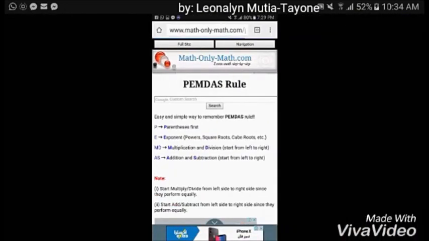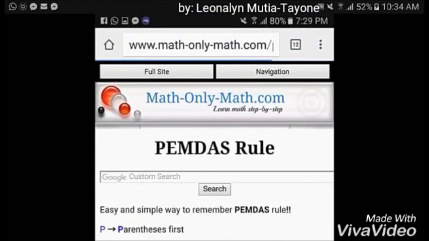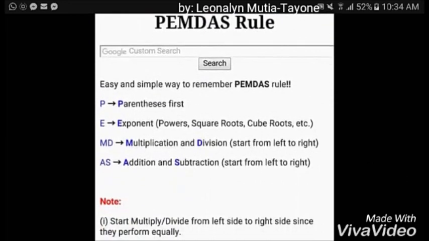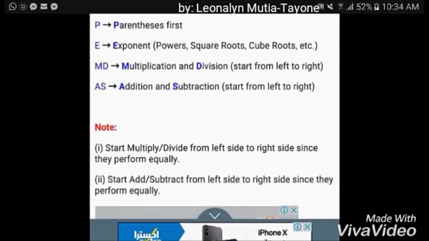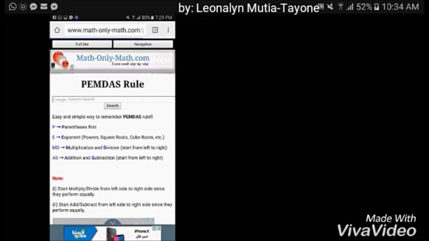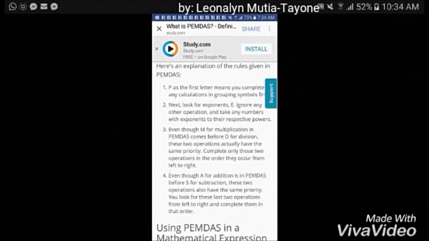This is from math-only-math.com. It also says here, parentheses first, exponent, and then multiplication and division start from left to right, and then addition and subtraction start from left to right. Multiply or divide from left to right, since they perform equally, and the same with addition and subtraction. So these are all the same.